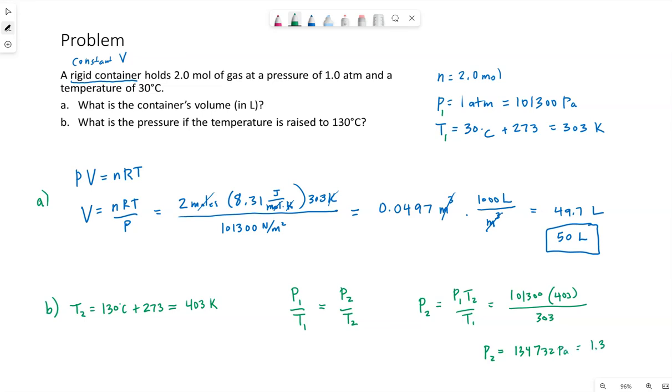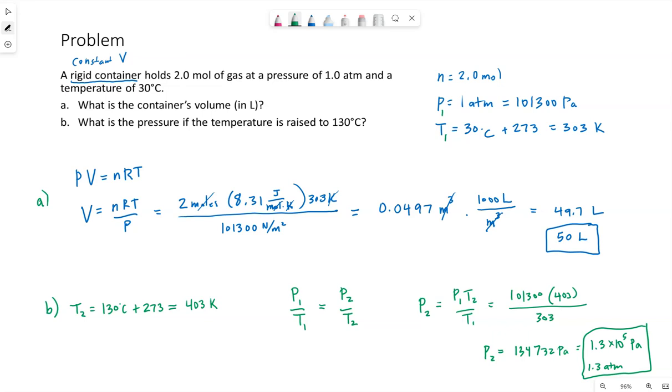We would want to write this either in scientific notation, so 1.3 times 10 to the 5th pascals, or I'm going to divide by the conversion, the 101,300, and I could write it in atm. The problem doesn't specifically ask for a specific pressure unit, so either one would be fine.